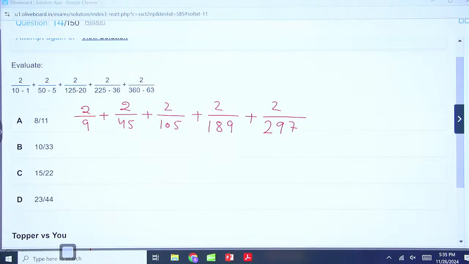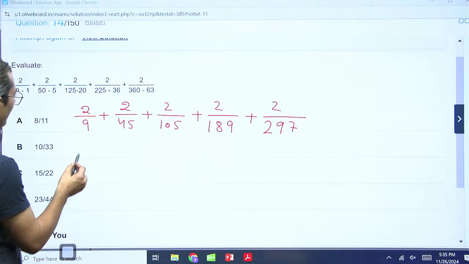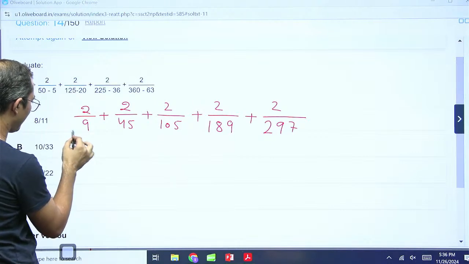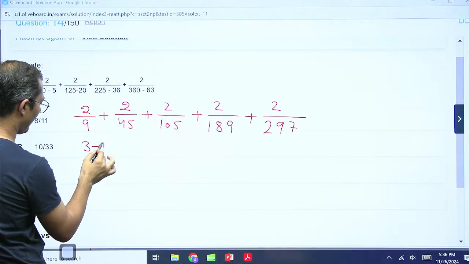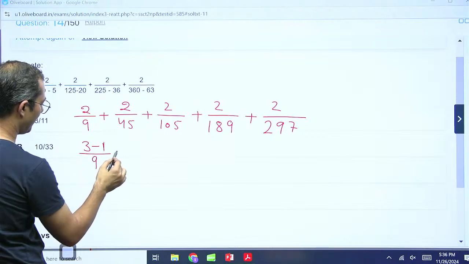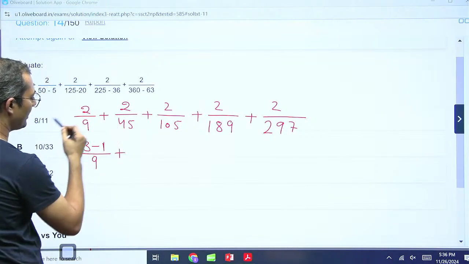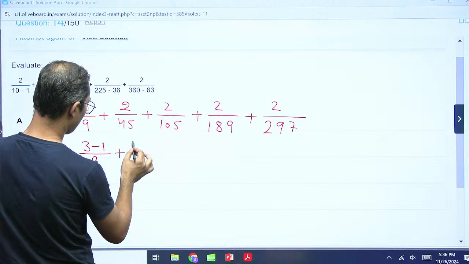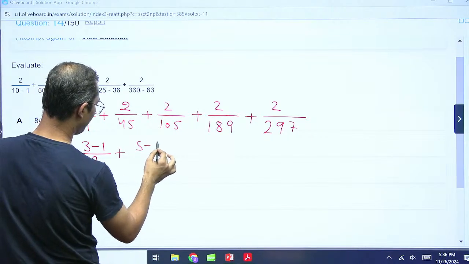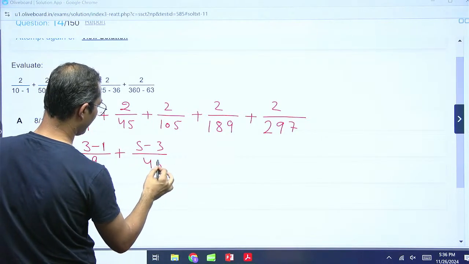So what we can do, we can write it, see, so the difference, so we can break it, see, 3 minus 1, 2, right? No problem, divided by 9 plus, and we can write this what, 7 minus 5, yes, or 5 by 3, yes, 5 by 3. So 5 minus 3 divided by 45, right?